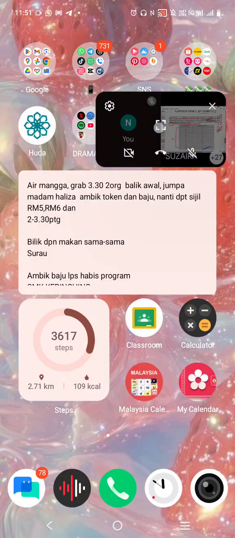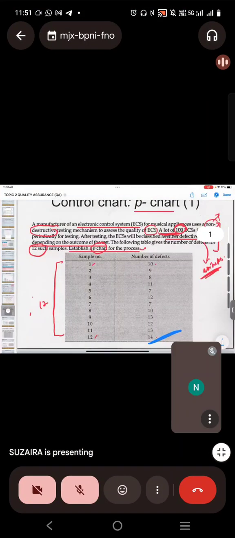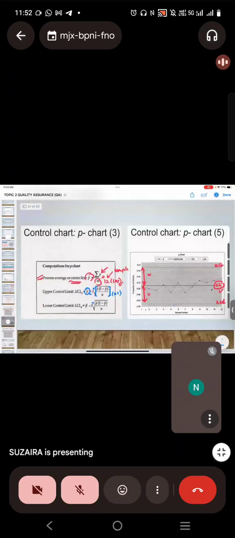126. Okay. And then, to calculate the P bar, just now we have, where is it? Here.